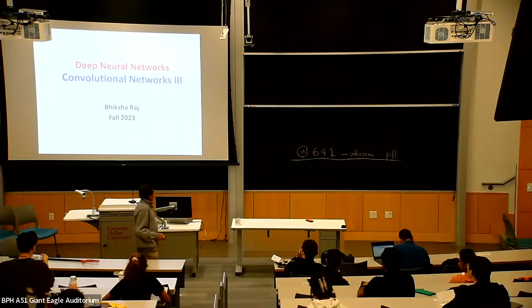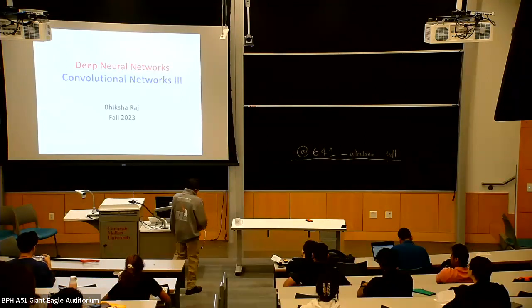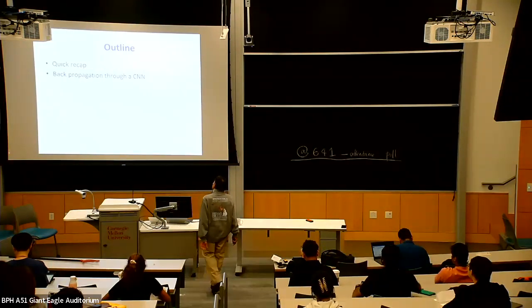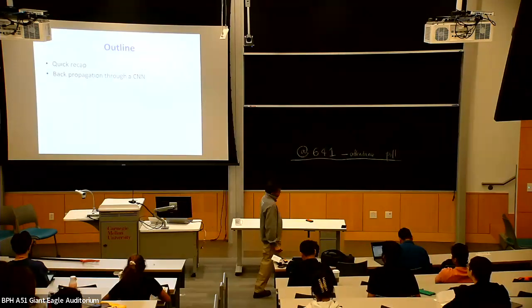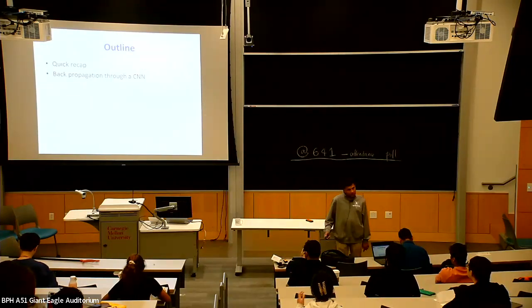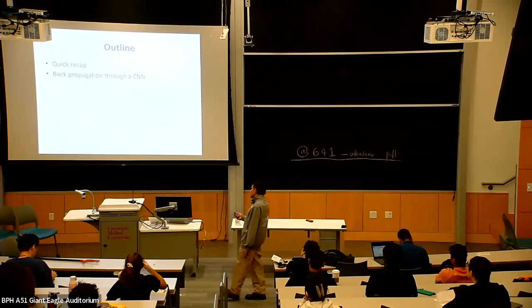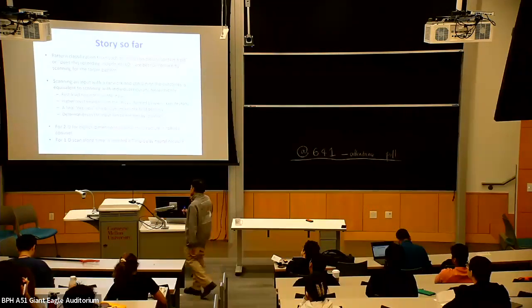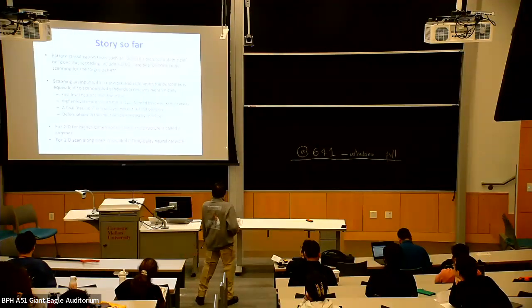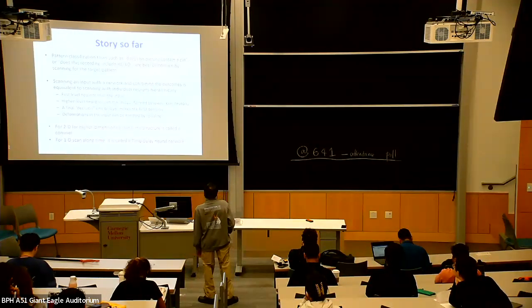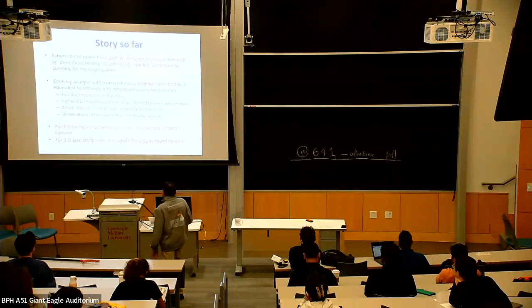But just for completeness sake, let me do a quick recap. We're going to spend 10 minutes on this, and talk for the next class and a half about backpropagation through convolutional neural networks. So the story so far is that pattern classification tasks, such as, does this picture contain a cat? Or does this recording include the word hello?